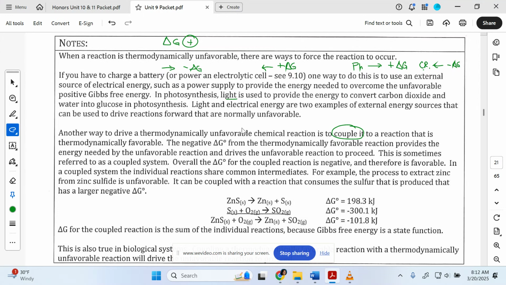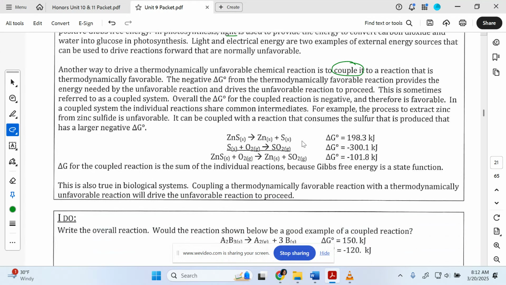So here we've got this, a positive delta G, so this reaction is not thermodynamically favorable. This is a negative delta G. It is.